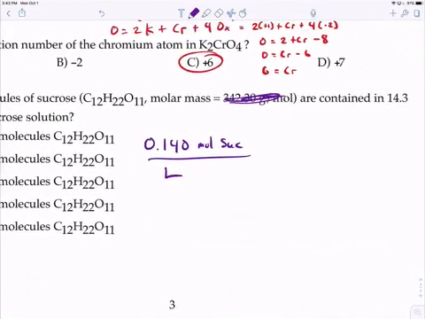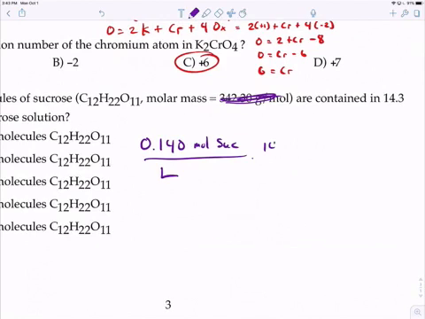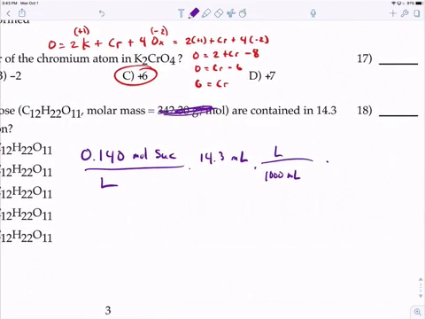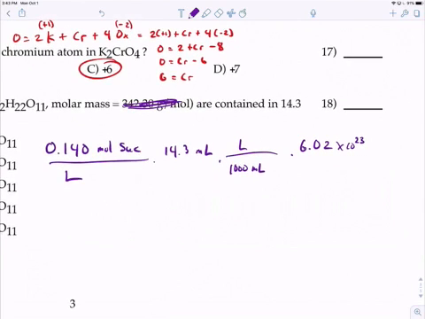And then we have 14.3 milliliters times liter to 1,000 milliliters, and it wants molecules, times 6.02 times 10 to the 23rd molecules sucrose over moles sucrose.